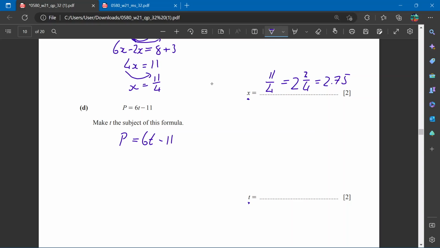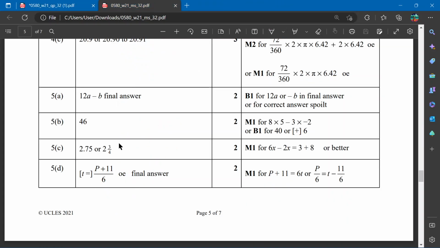Okay, so we're going to move the minus 11 first. That becomes plus 11. And then this is 6 times t, so when we move the 6 to the other side, we need to divide everything by 6. So that's the answer. P plus 11, everything divided by 6. As it is there.